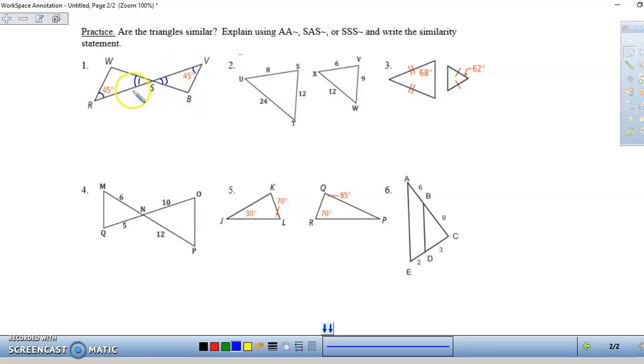Okay, so these are congruent. 2 sets of angles are congruent, so this would be a yes by angle, angle, similarity. And then you're going to write the statement. So you can, again, write the first triangle in any order you'd like. So I'll say SRW. So SRW would correspond with SVB.